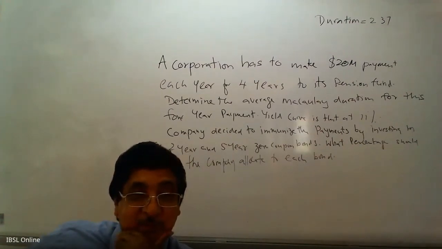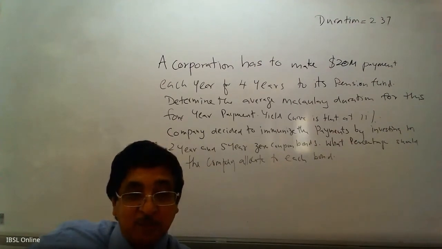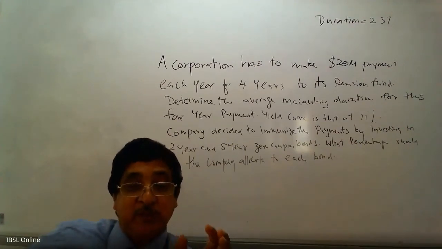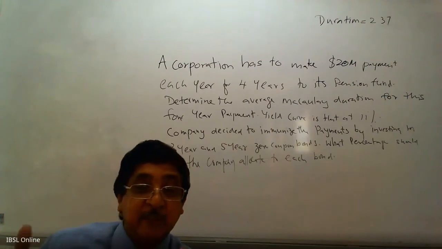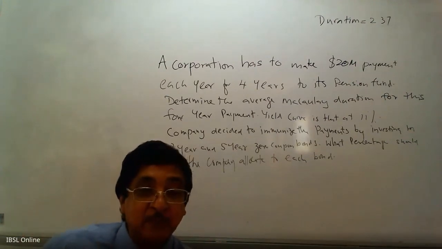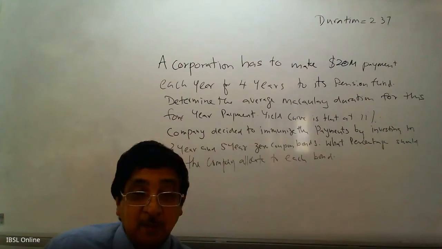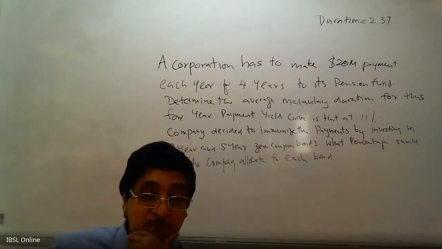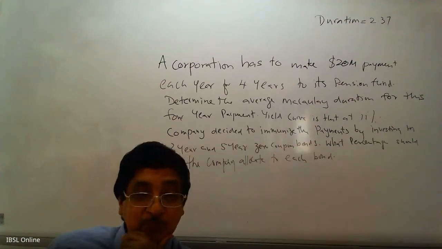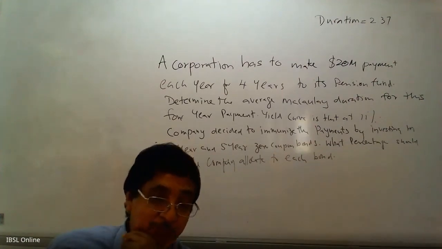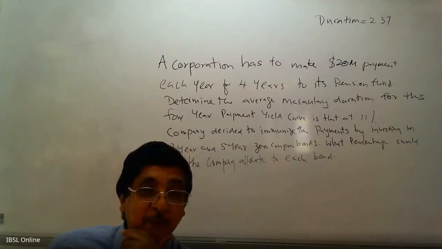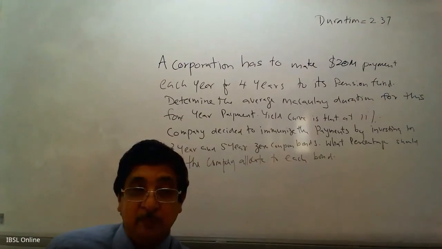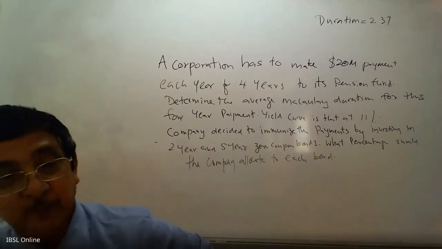So then we can find out what percentage of 2-year bonds and what percentage of 5-year bonds should be in the portfolio in order to immunize the portfolio. For that, we need to have an assumption. We assume we have X percentage of 2-year bonds. That is the assumption. Now I will work it out.